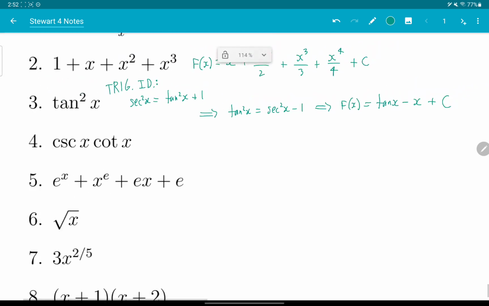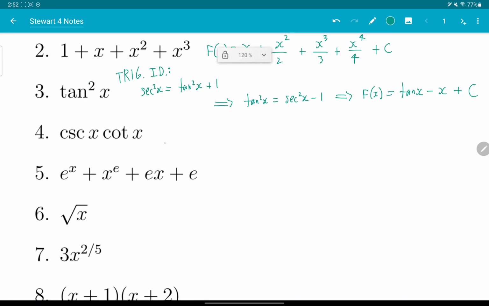Okay, cosecant, cotangent, this is just a matter of memorizing the derivative of cosecant. I have to throw a negative in there to make it right.